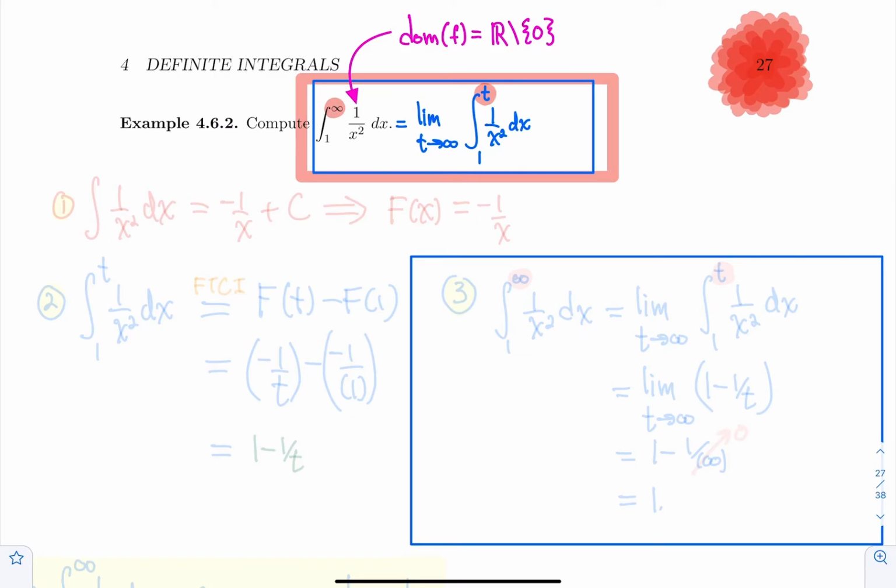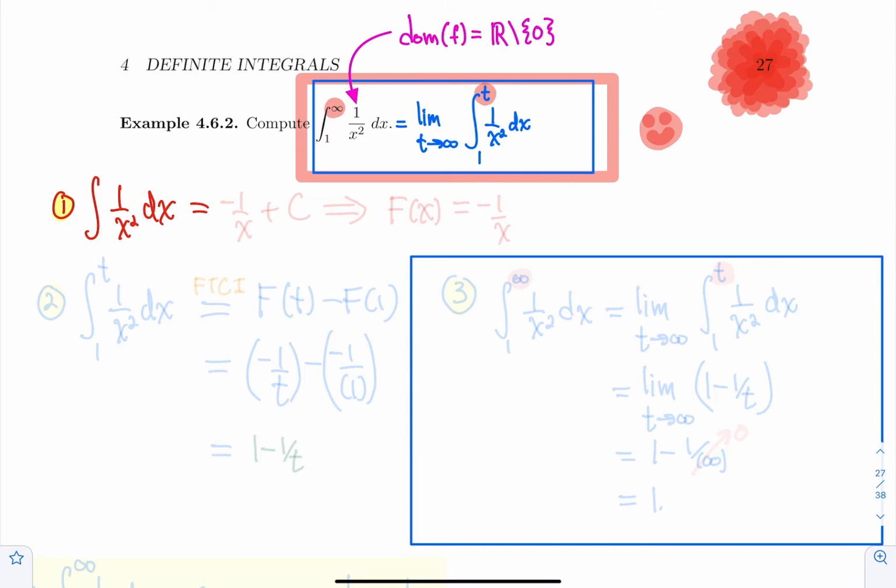So the first thing that you do once your improper integral is well defined as a combination of a definite integral and a limit is to compute the indefinite integral of your function. So you forget about the bounds, you forget about the fact that this is an improper integral. So first, let's just compute the indefinite integral of 1 over x squared dx. Here, this one is a basic indefinite integral.